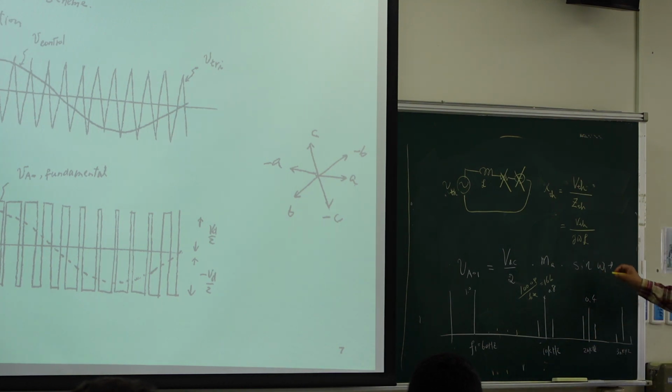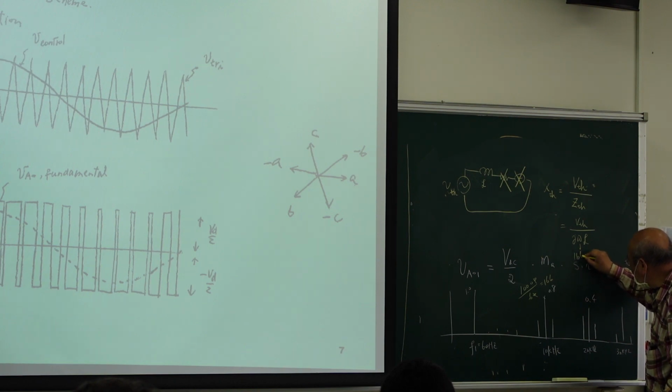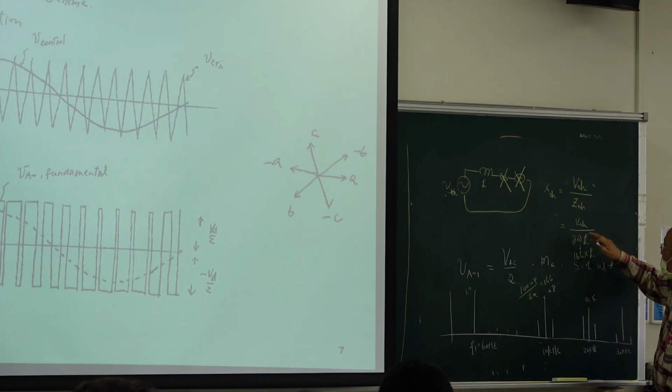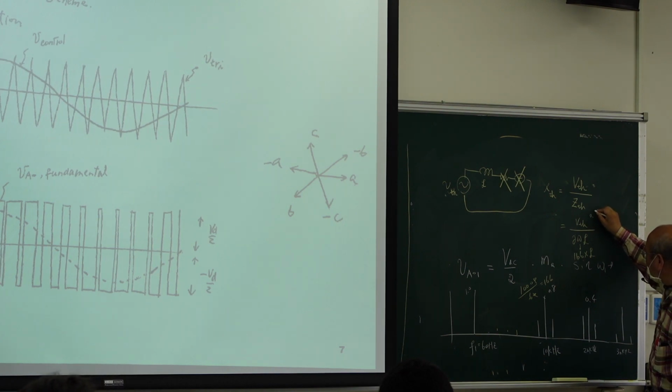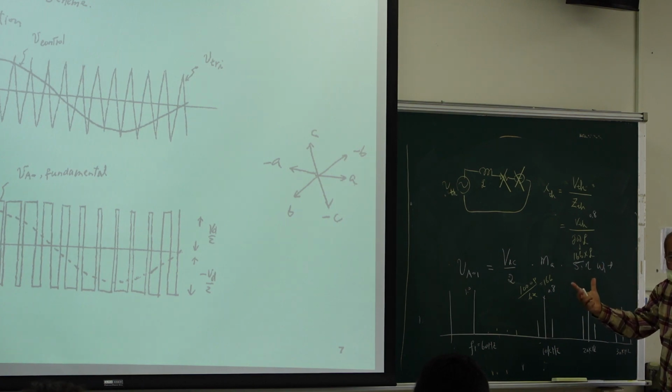But the frequency is not 60 Hertz. The frequency becomes 10 kilohertz. So it is 166 multiplied by L, the same L as fundamental. This one becomes 0.8, but this one increased to 200 times.